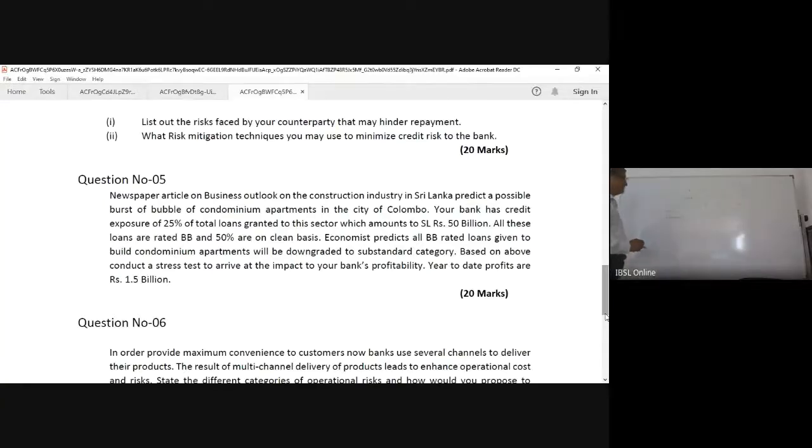And they say your bank's profitability at the moment is 1.5 billion. And you are going to make the provision of this; another 5 billion is going to hit this 1.5. What happens? You will have a 3.5 billion loss.